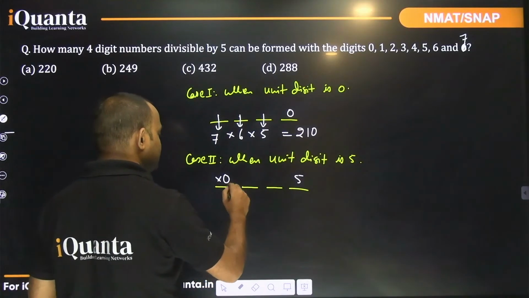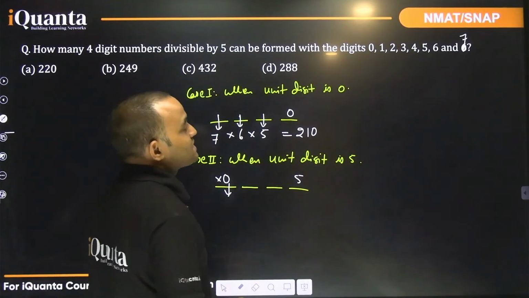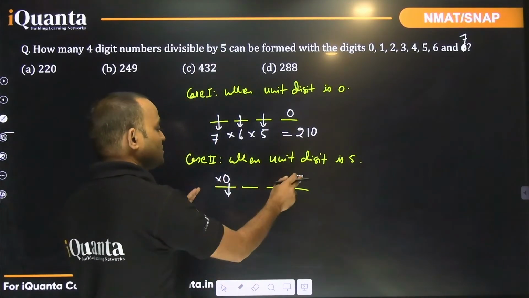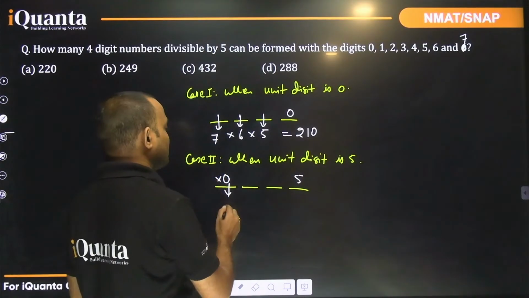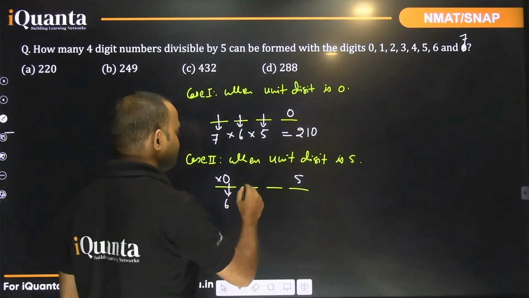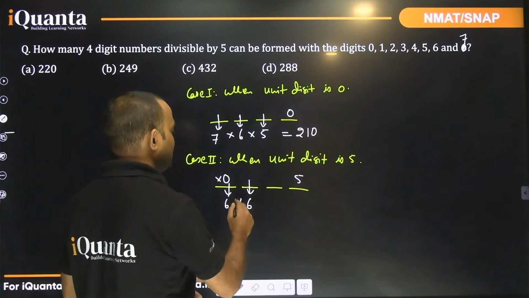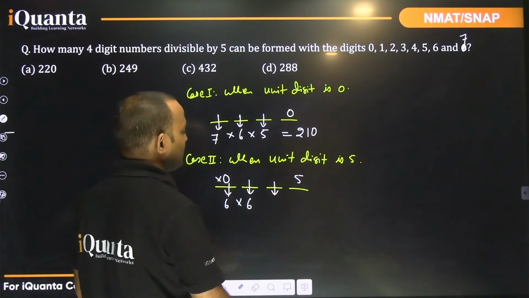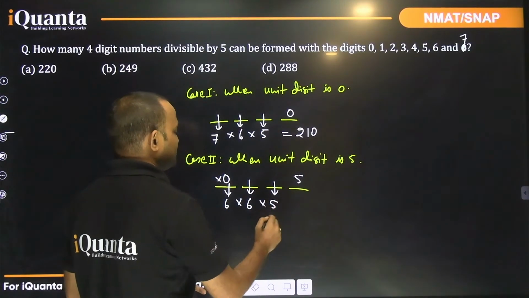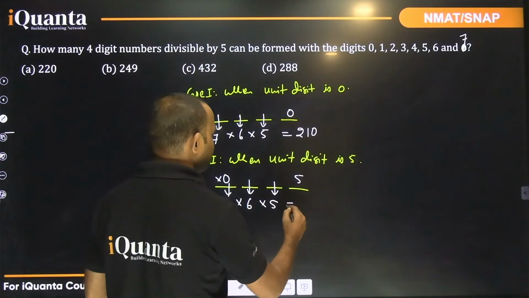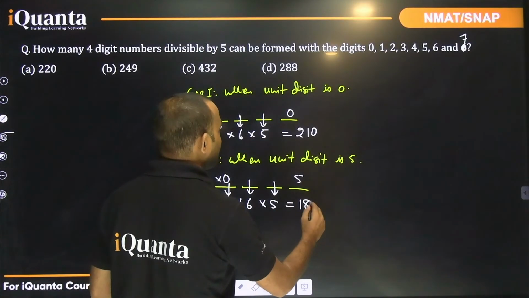So how many digits can we fill here? Out of 7 plus 1, 8 digits, 5 is here, 0 cannot be here. We can place 6 digits here. And then this place can be filled with 6 digits again. And then this place can be filled with 5 digits, right? So 6 into 6 into 5, that will be equal to 180.